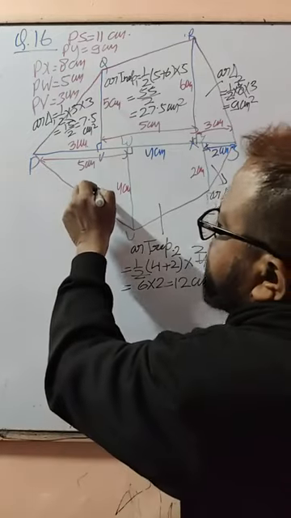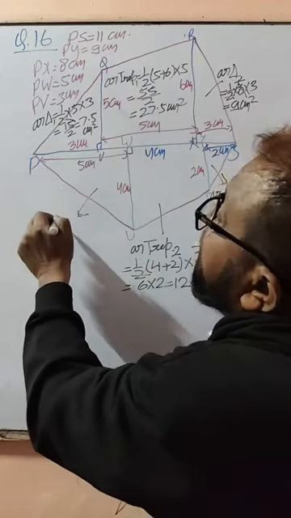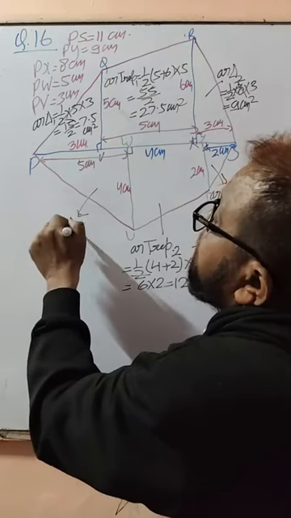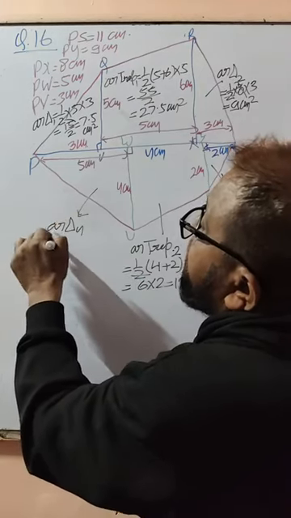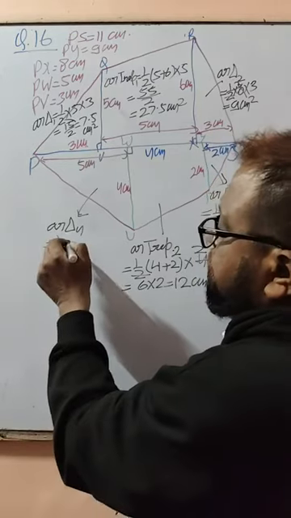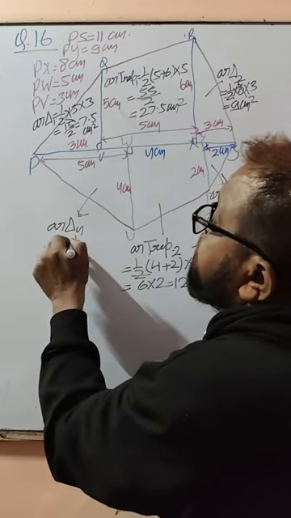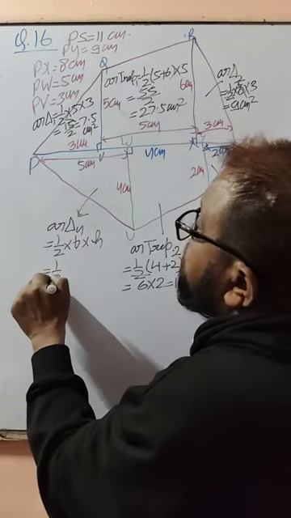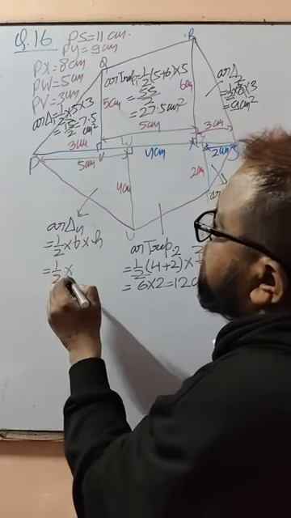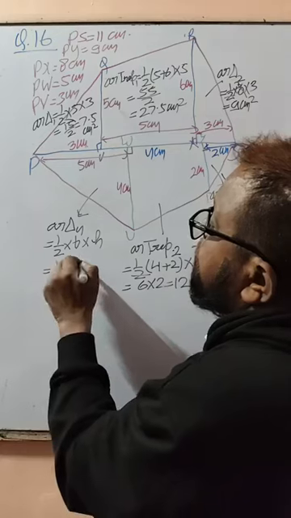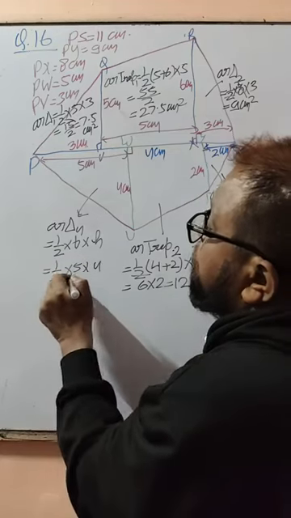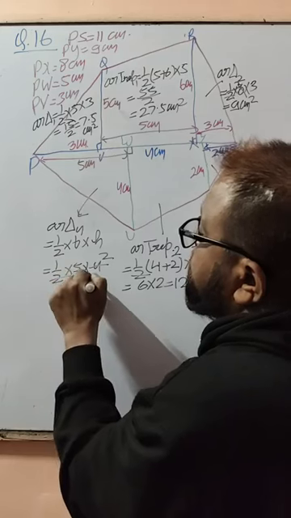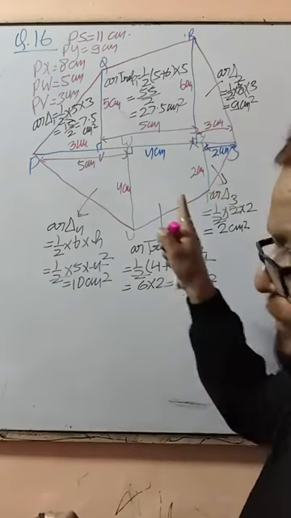Now this is area triangle 4, equal to 1 by 2 into base into height. So 1 by 2 into 5 into 4. 2 times 2 becomes 4. 5 times 2 becomes 10. So 10 centimeter square. Getting?